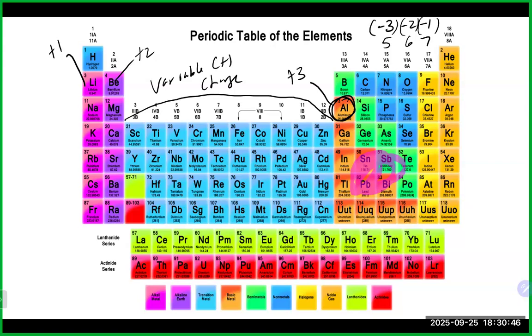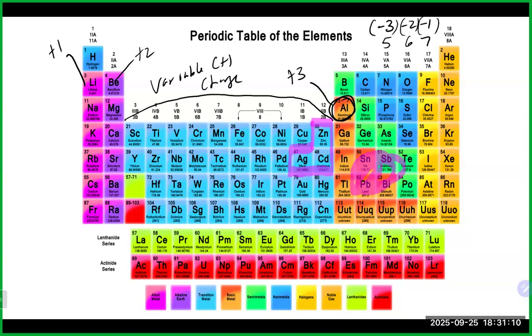Now, within the transition metal region, there is a 3-pack of elements that do have a fixed charge. Zinc and cadmium, and if you hang a left at cadmium over to silver.